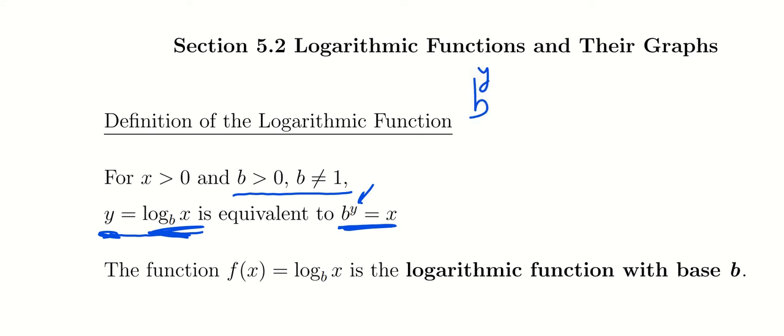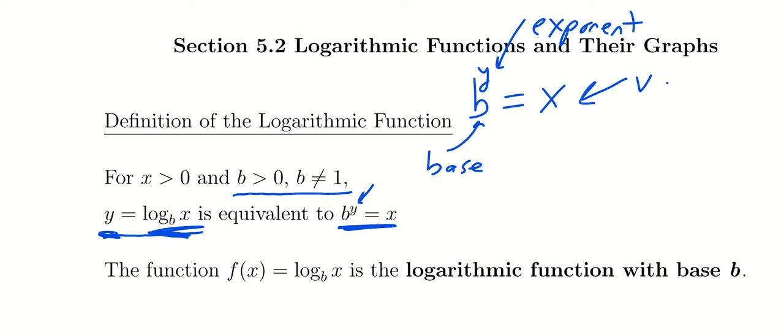Whenever we have an exponential statement like this, there are three key pieces. We have the base, we have the exponent that we're raising the base to, and then we get the resulting value from that computation.